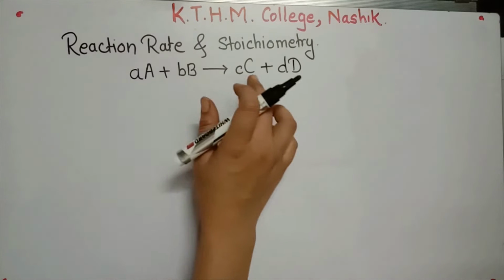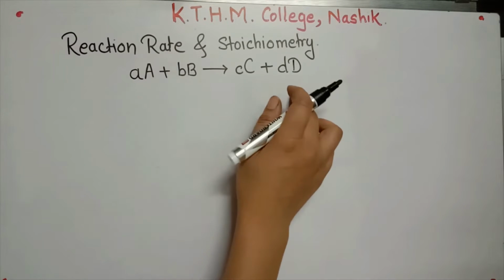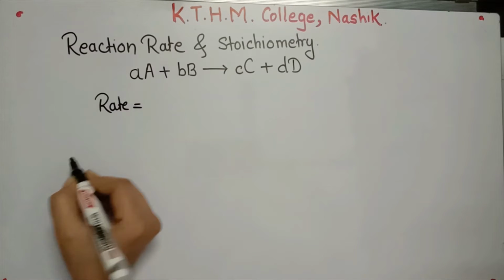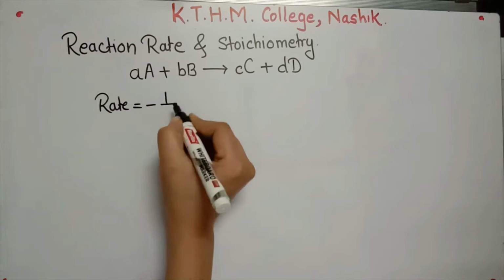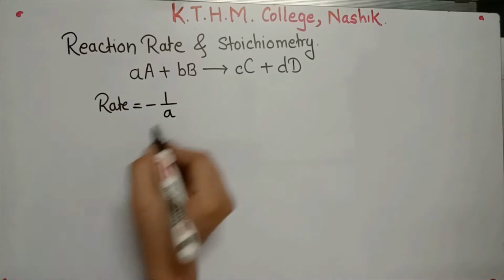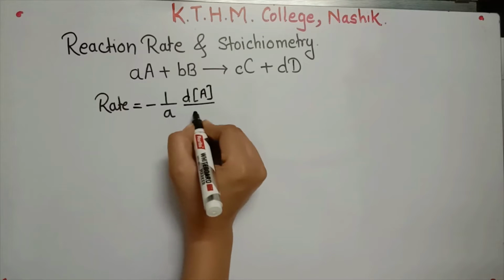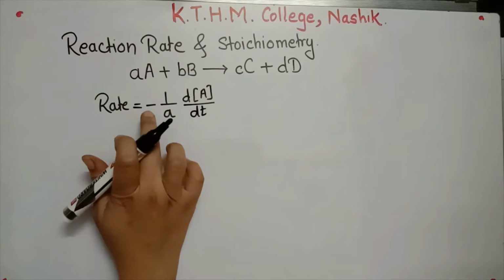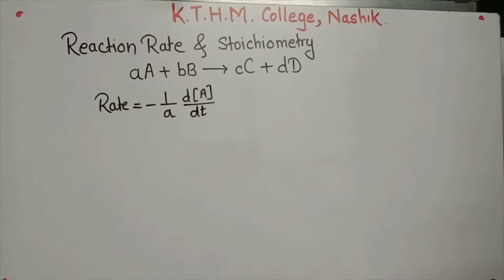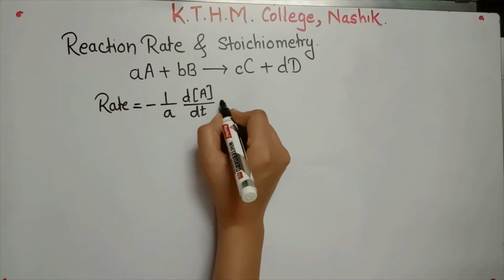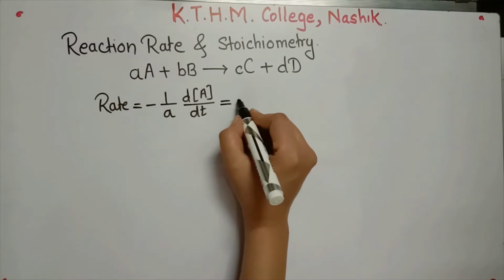And we relate these reactant terms and product terms to the rate, where rate is equal to minus 1 upon a, change in concentration of A with respect to time. Here minus is there because it is the reactant, and reactant gets consumed, or the concentration of reactant decreases. That's why that minus sign is there. So whenever there is a reactant, you have to write the minus sign.